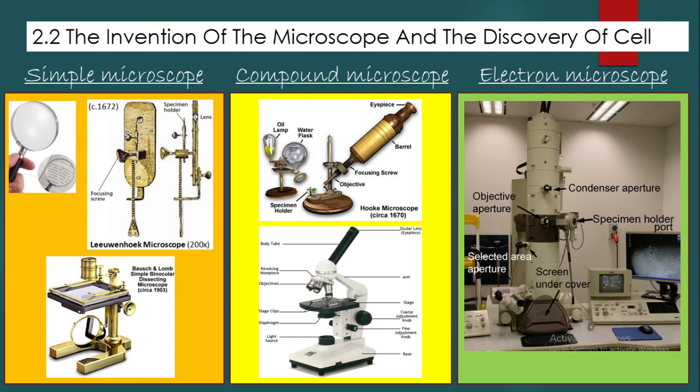Better magnification can be achieved by a compound microscope, and what we see today in our regular laboratories is the compound microscope. It is powerful enough for us to observe microorganisms.